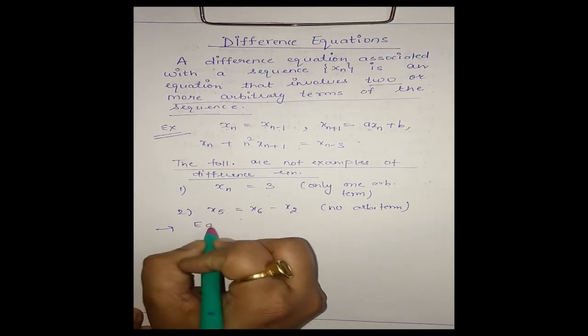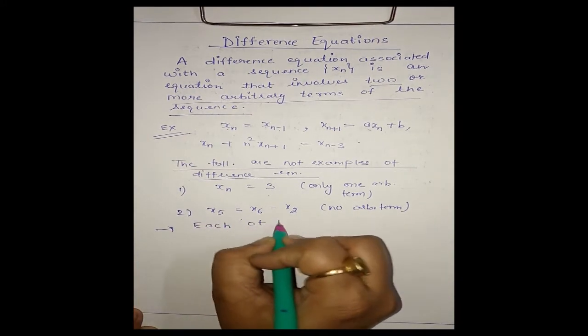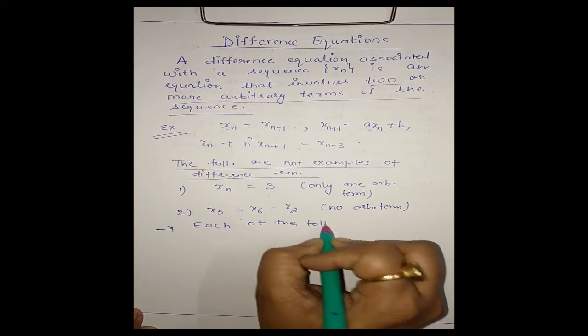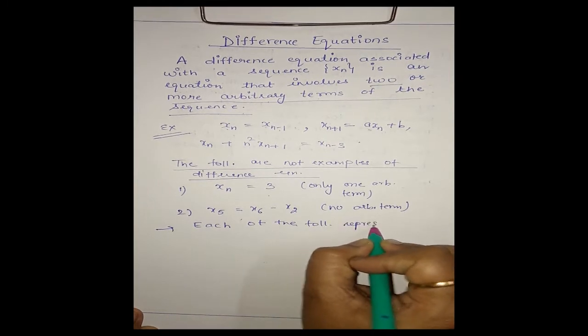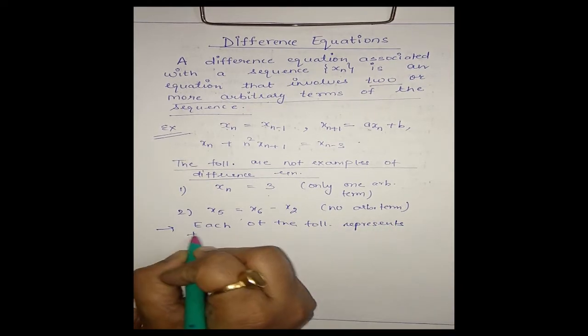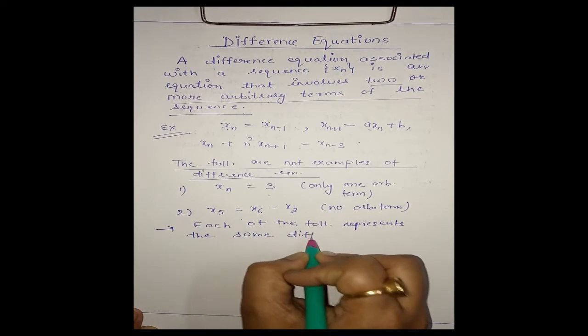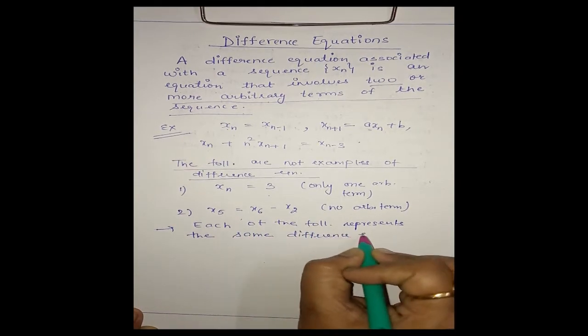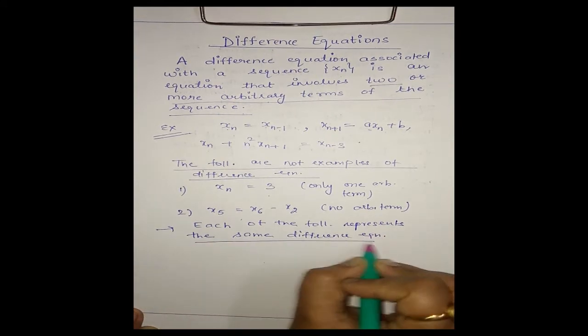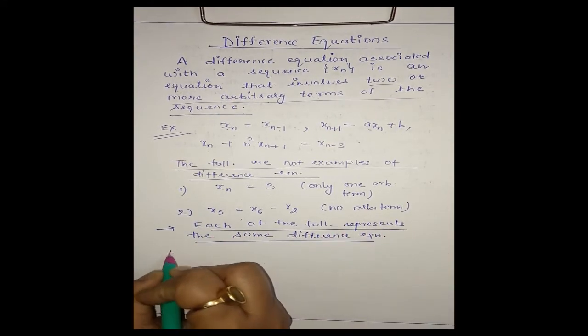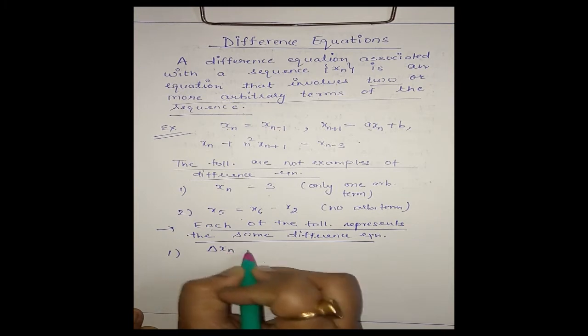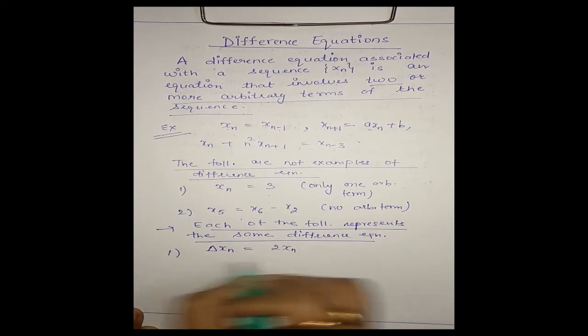Now, next, each of the following represents the same difference equation. First, delta xn is equal to 2xn.